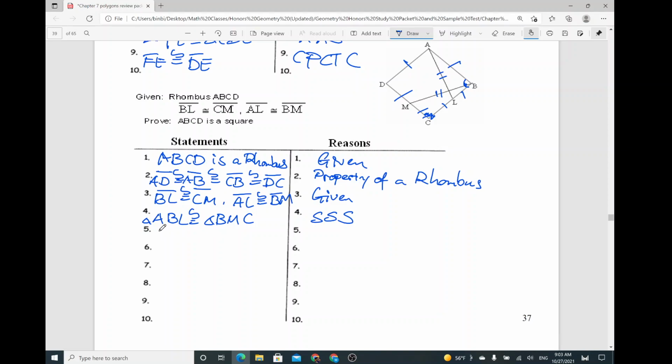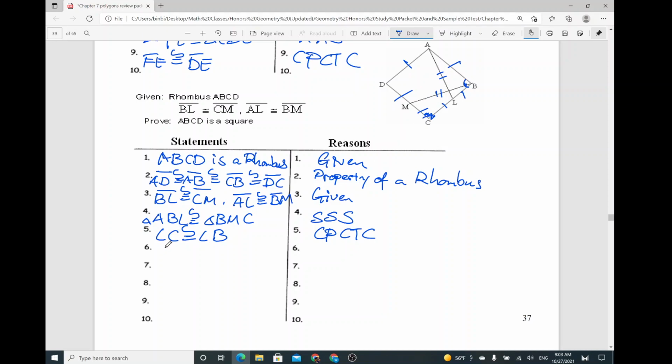And then, therefore, we can say that angle C is congruent to angle B right here. So angle C is congruent to angle B. This one just states that it's CPCTC, corresponding parts of congruent triangles are congruent.